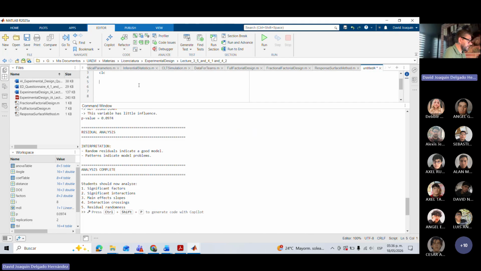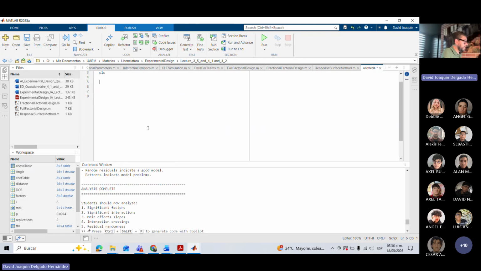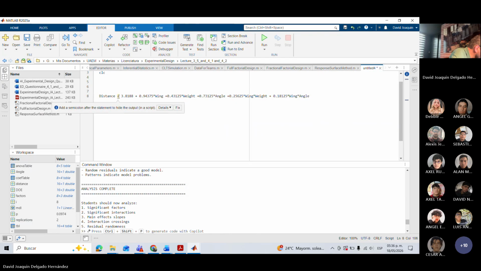This is to clean the window and things like that. So I am going to put like that, the model. Distance equals all these values. Here we are. Here is the model, okay?